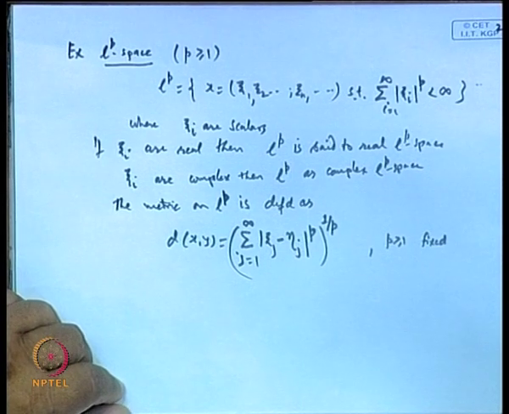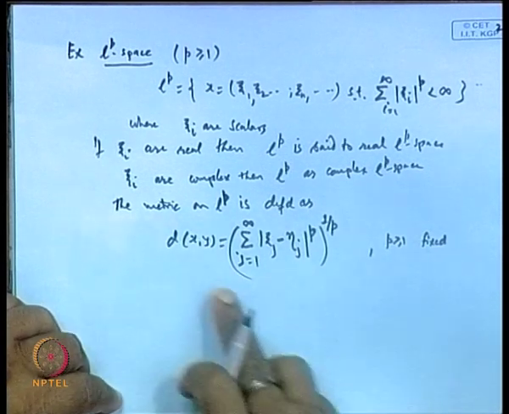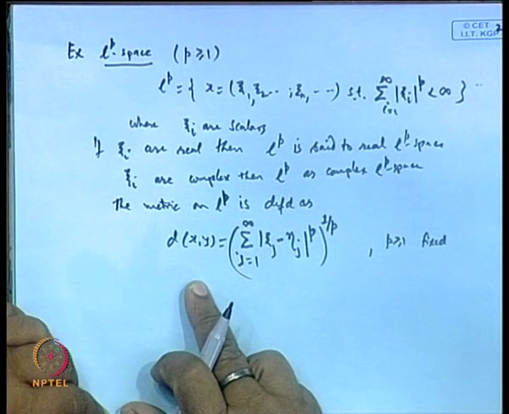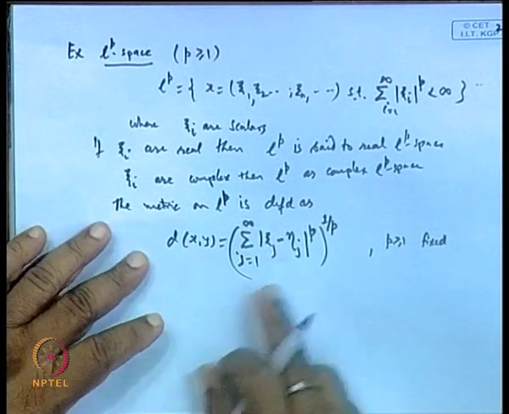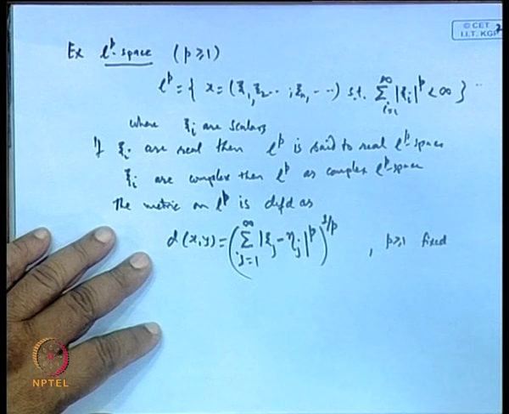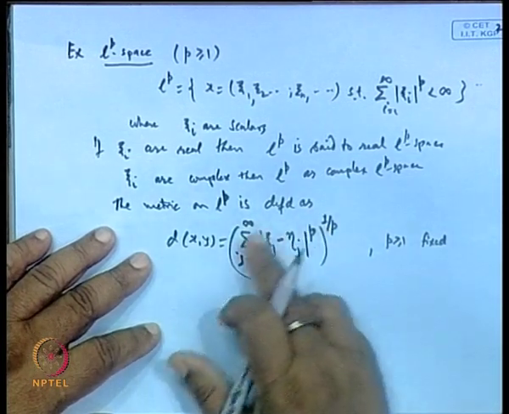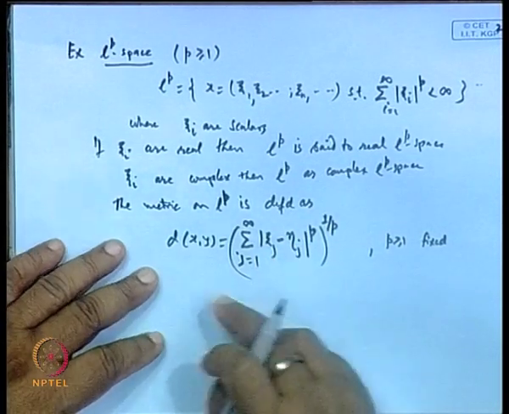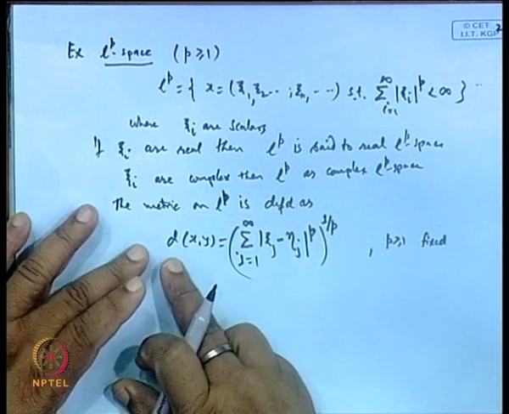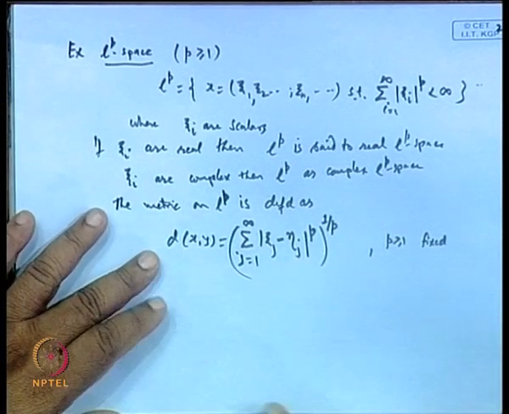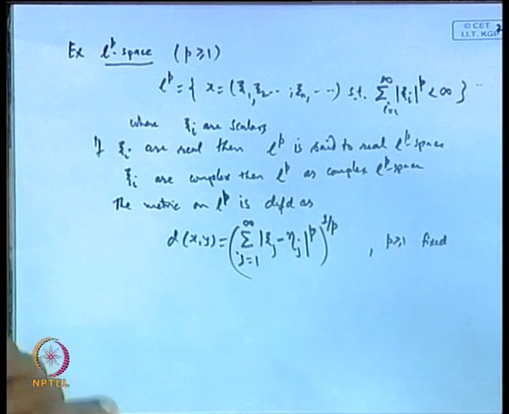whether this definition of the metric is well defined on LP or not, whether this series converges or not. Second one is, if it is well defined, whether this satisfies all the conditions of the metric axioms or not.